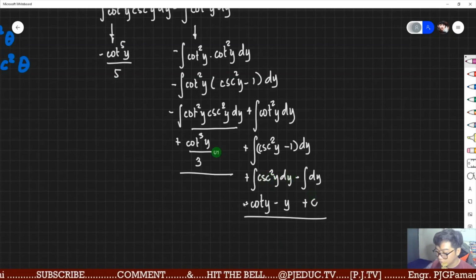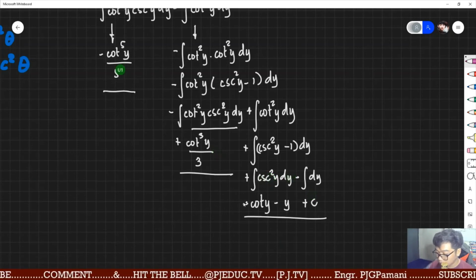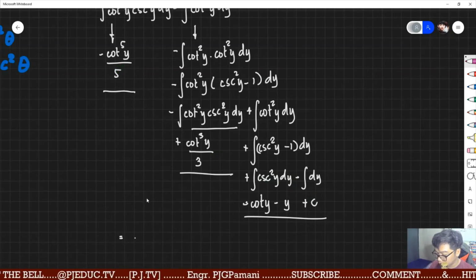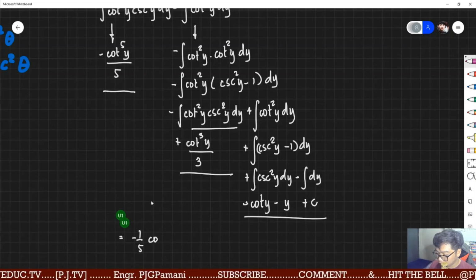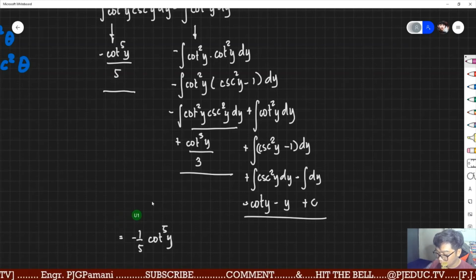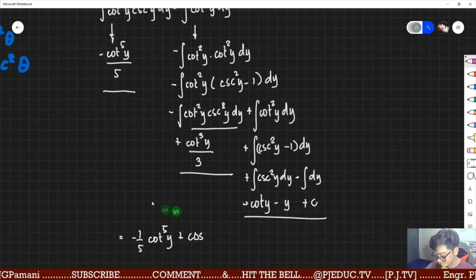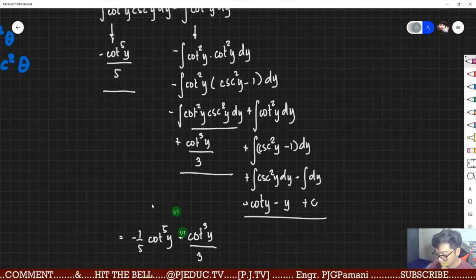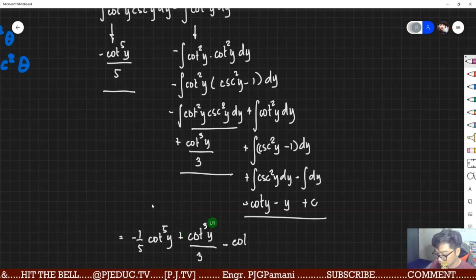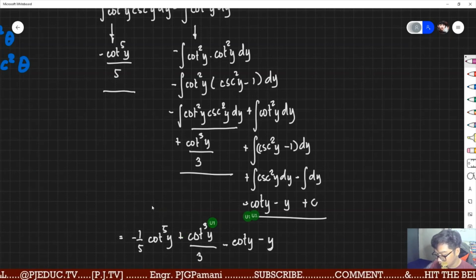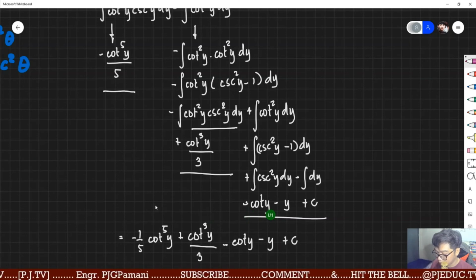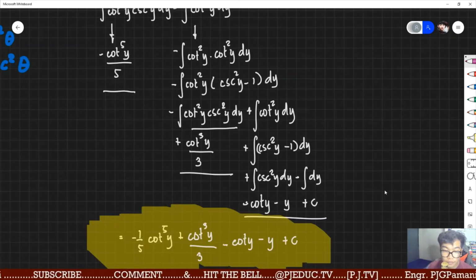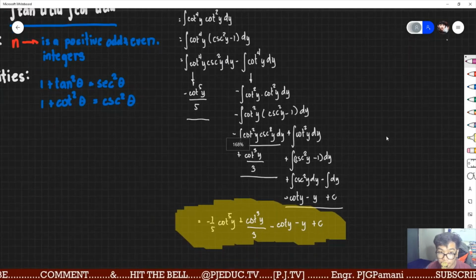Now we have our final answer. Let us combine the three: negative 1/5 of cotangent raised to the fifth power y plus cotangent cubed y over 3 minus cotangent y minus y plus c. So this is now our final answer for this problem.